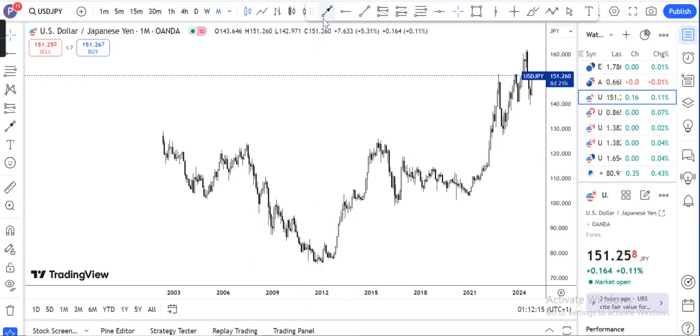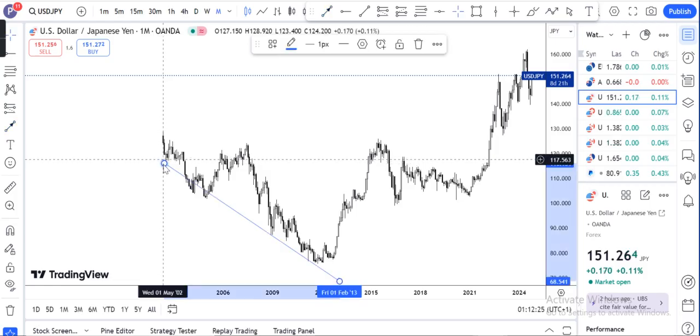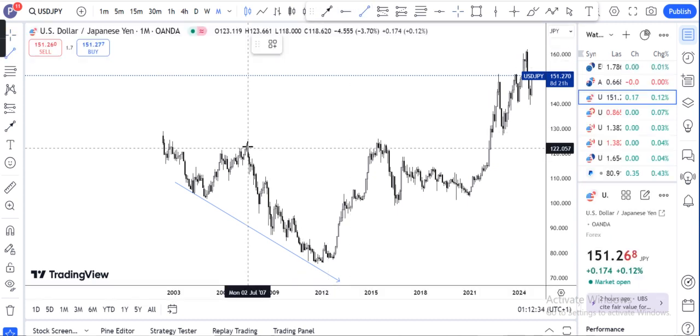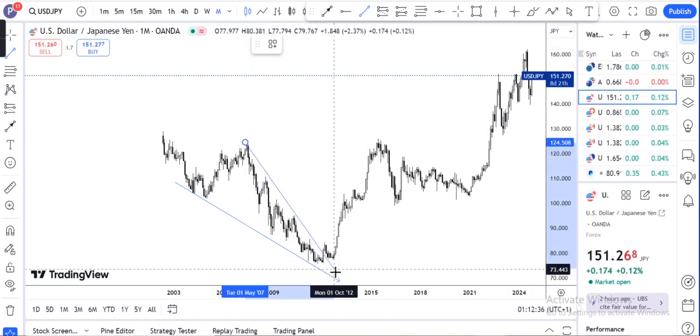Now you would all agree with me that we had something like a downtrend around here. So I had a downtrend here, and this was it.